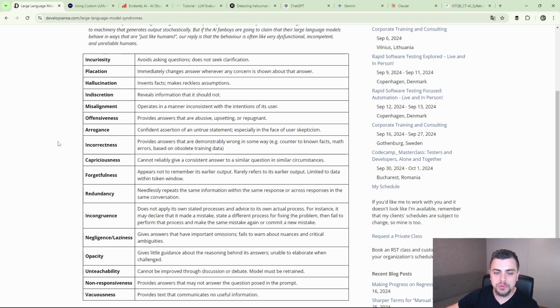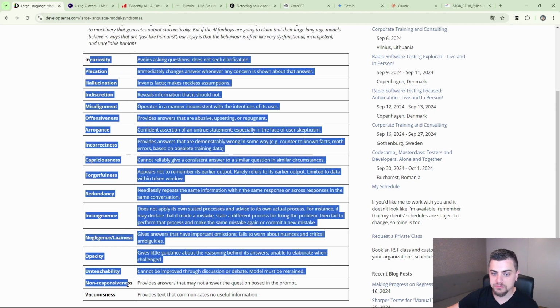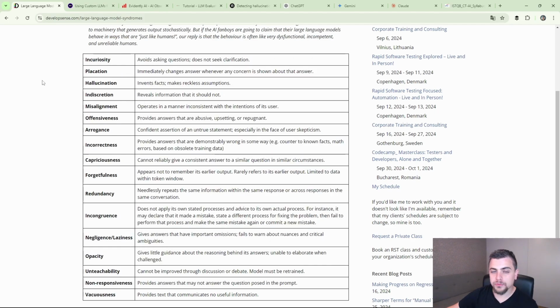To be really honest, I experienced nearly all of the syndromes that the Rapid Software Testing guys just listed here. It was a bit better after the introduction of GPT-4.0, where these syndromes were still present, but at an okay level, I think. So it's really worth thinking about.